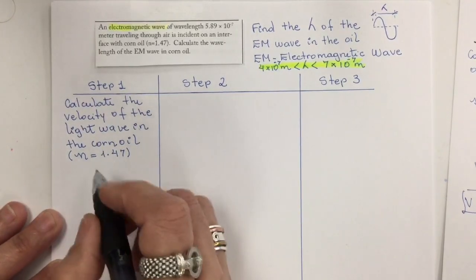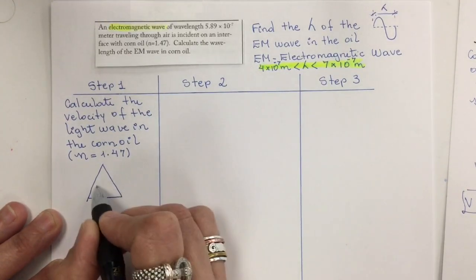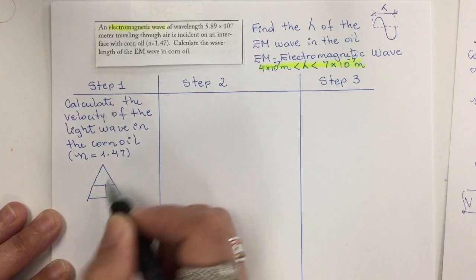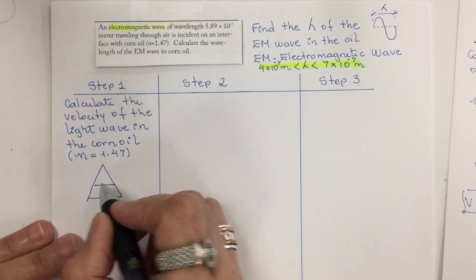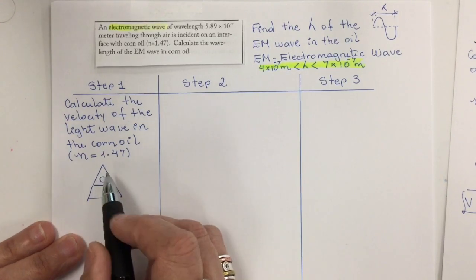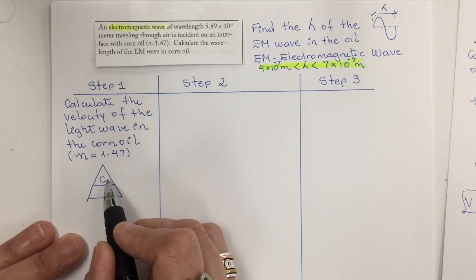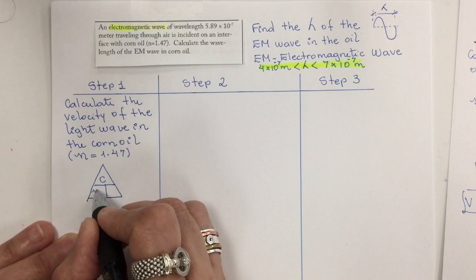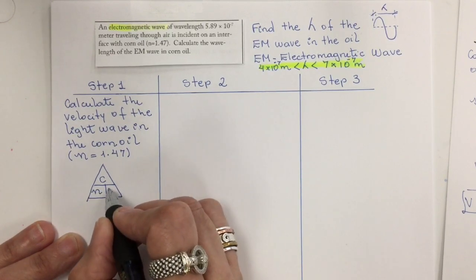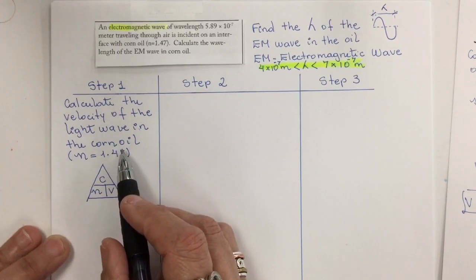So I'm using the index of refraction formula, which includes 3 variables: the speed of the wave in the air, which is represented by C, the index of refraction, and the speed of the light in the medium, in this case, the corn oil.